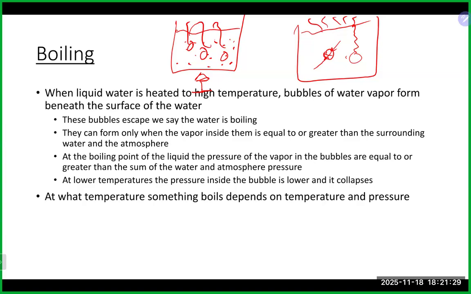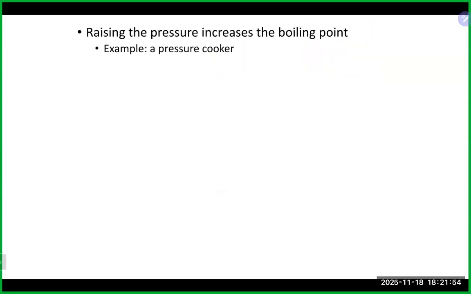So at lower temperatures, like I said, the pressure inside the bubble is going to collapse. It's really not boiling. At what temperature something boils does depend on both the temperature and the pressure. So if you play around with the pressure and stuff like that, you could get things to boil at a different temperature than they normally would. So pressure and temperature do play an important role on when something may boil or not.